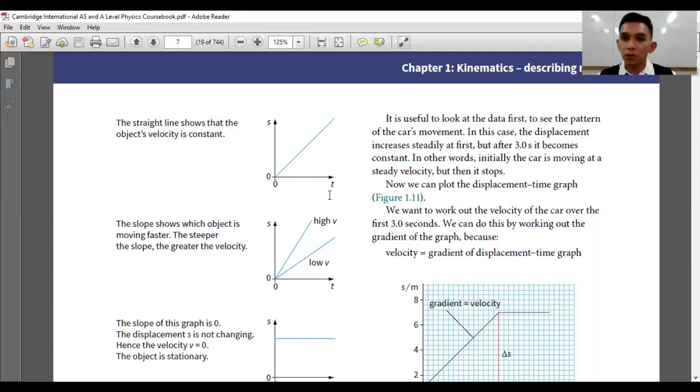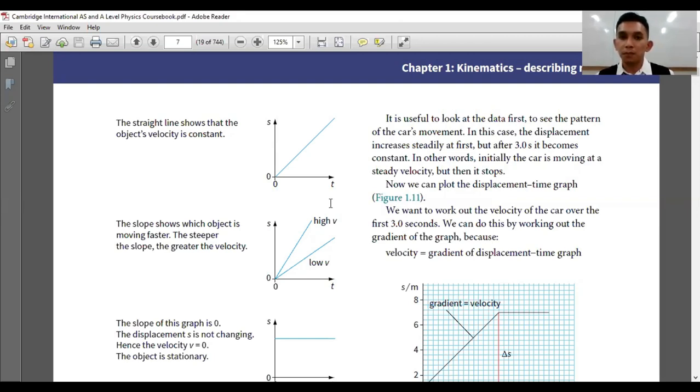But in questions that you will face later, the y-axis can be velocity and the x-axis can be time. Or maybe acceleration on one axis and time on the other. So you need to remember to check first what is on the x-axis and what is on the y-axis before you decide your answer.